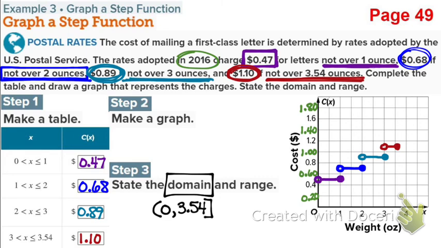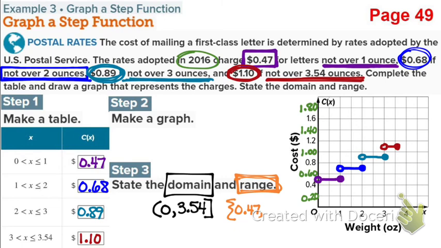And then we've got range. When I have these steps hanging out, my range is those numbers where the steps are. What's the lowest down one? What's the cheapest I could pay? 47 cents. So 0.47.